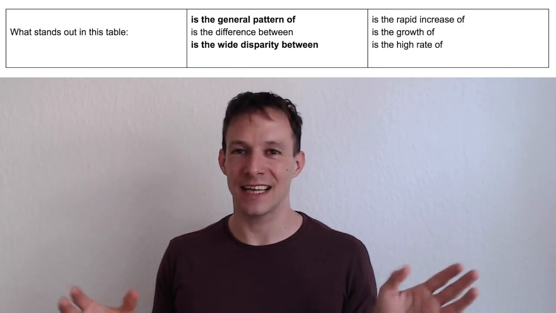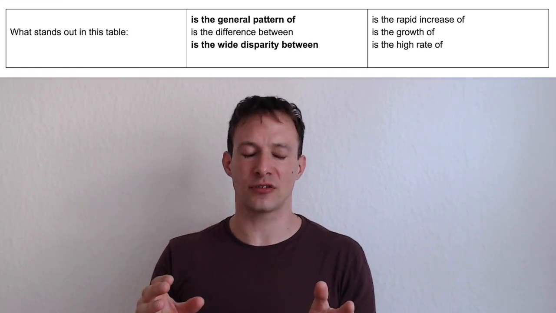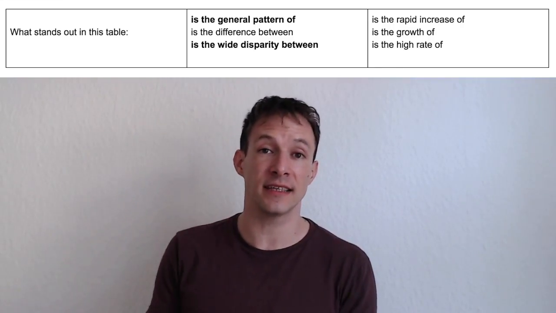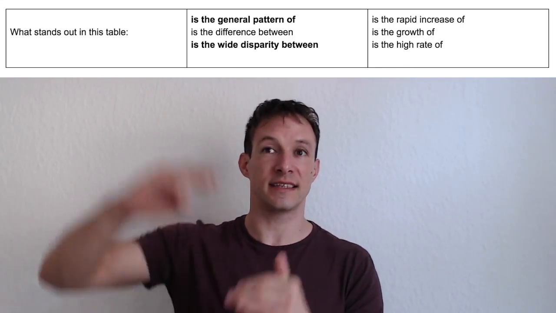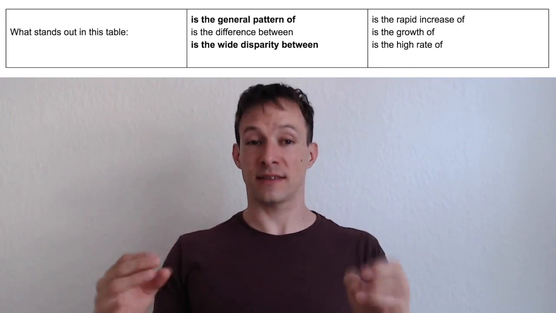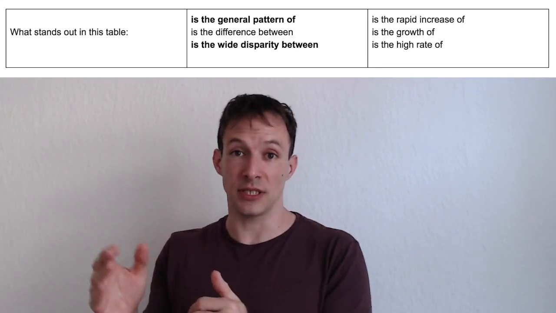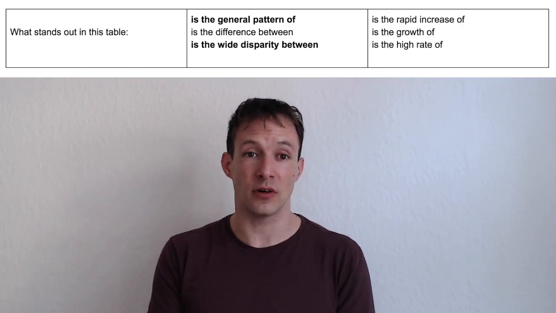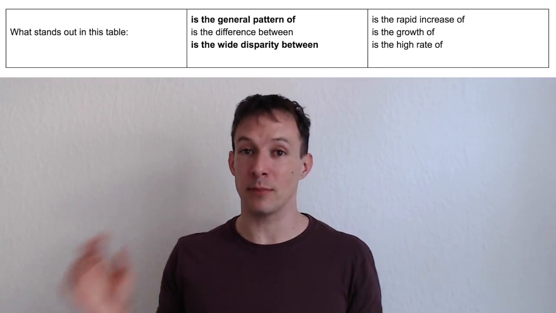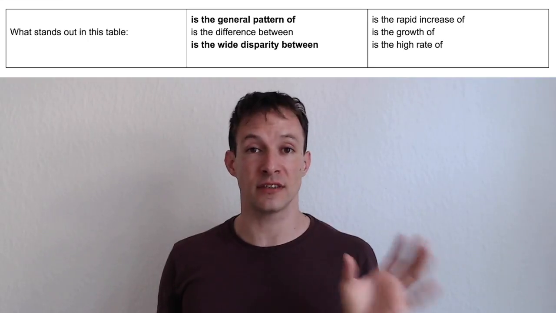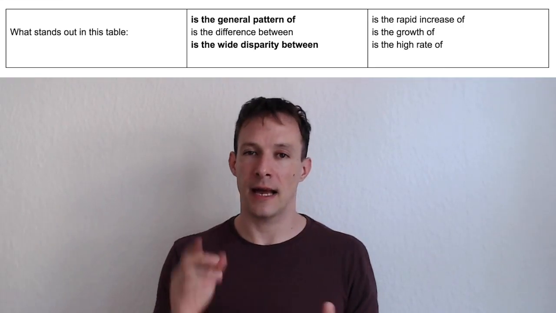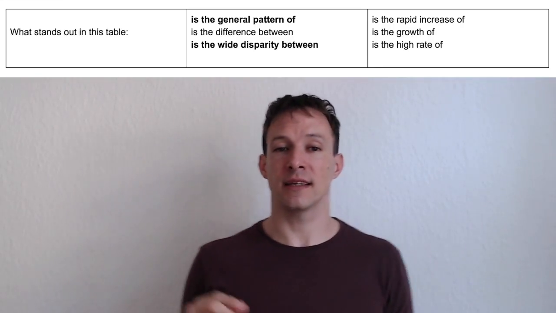Erratic just means crazy, erratic fluctuations just means very violent changes, very large differences between the numbers. Anyway, what stands out in this table is the difference between column A and column B, like we said before. What stands out in this table is the wide disparity between figures of 2020 and figures of 2030. I like that sentence and I'll explain why in a second.